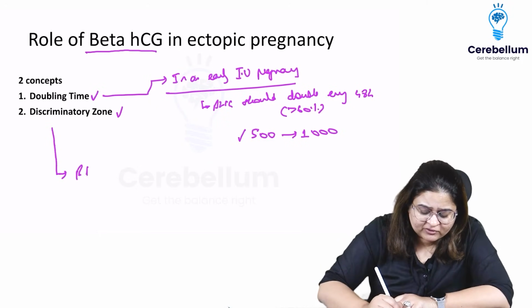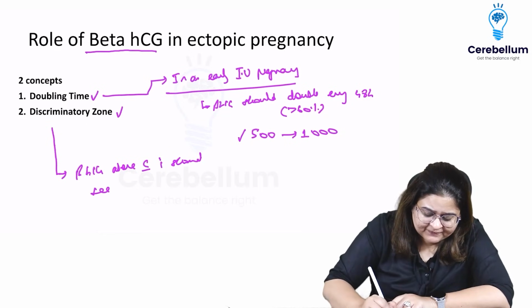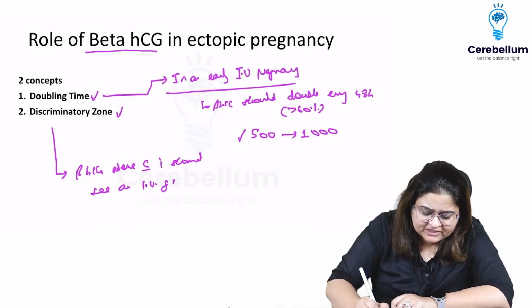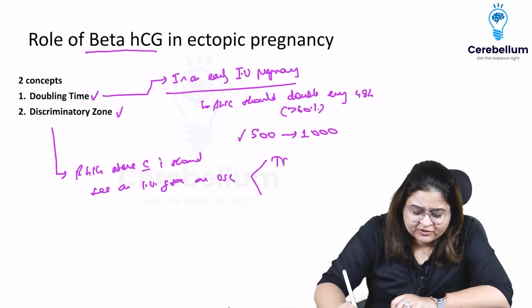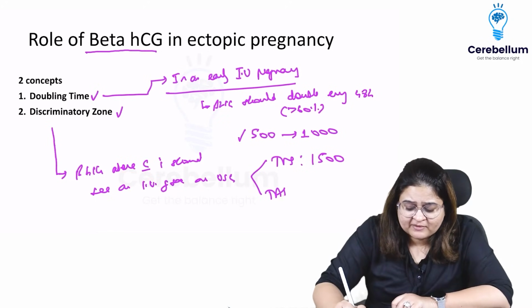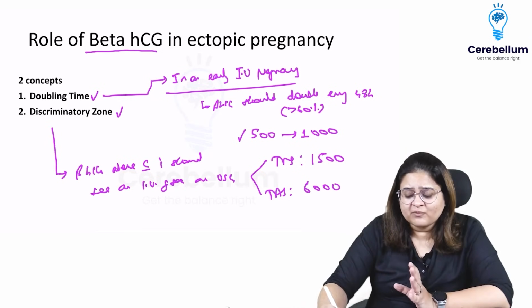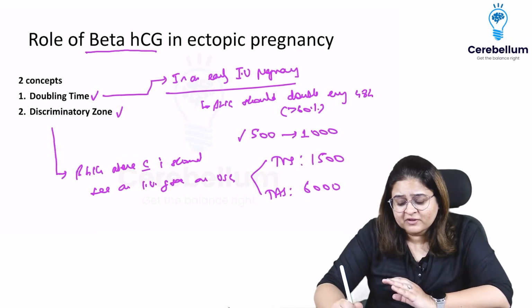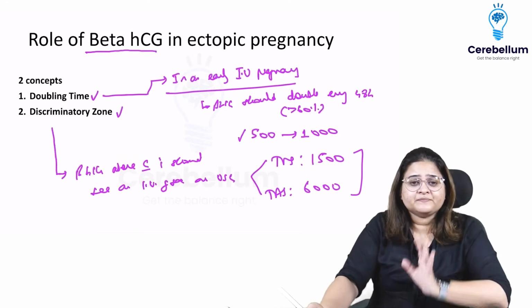This is that value of Beta-hCG above which I should see an intrauterine gestational sac on ultrasound. And this value for a transvaginal scan is 1500 because we see things earlier on a TVS, and for a trans-abdominal scan, it is taken as around 6,000. Of course, as a range, some books will give 1,500 to 2,000, some books will give 5,000 to 6,000. But remember this, roughly.